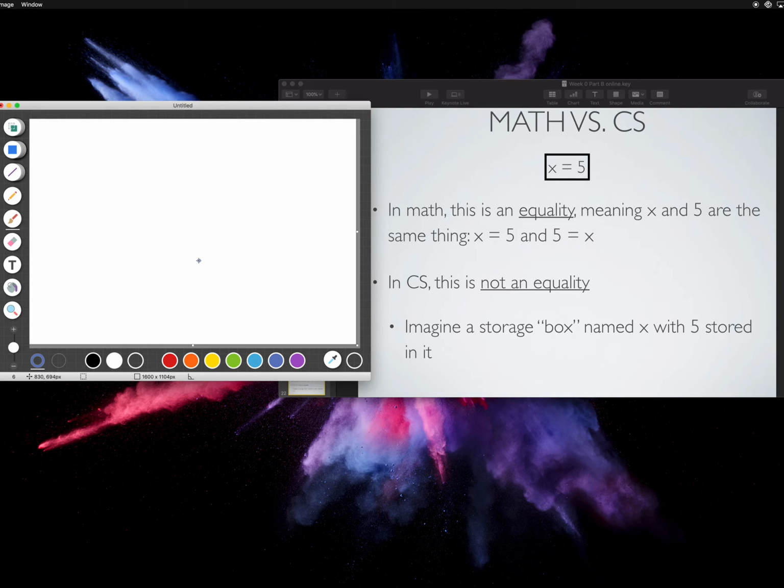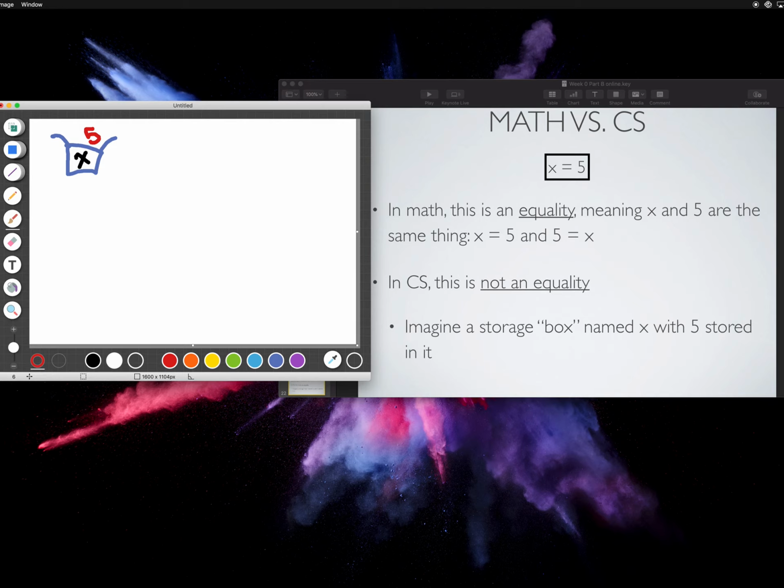So a way you can draw that out is literally draw a box here, label it x, and then you can go ahead and say, hey, I put 5 into x. So this is how you want to think about variables in terms of computer science.